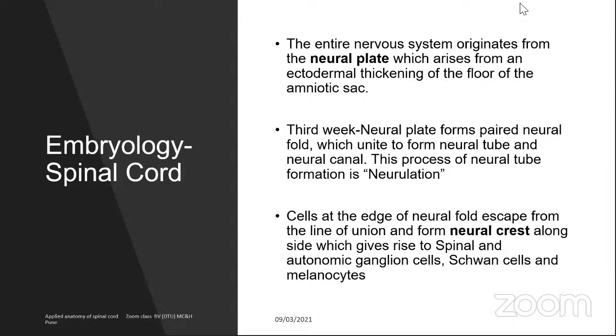So the first thing that you have to understand, right from embryology, is the spinal cord, because it has ramifications in clinical assessment. The entire nervous system originates from the neural plate.